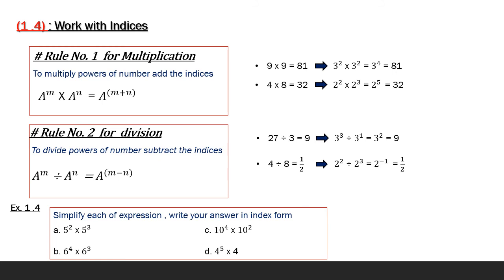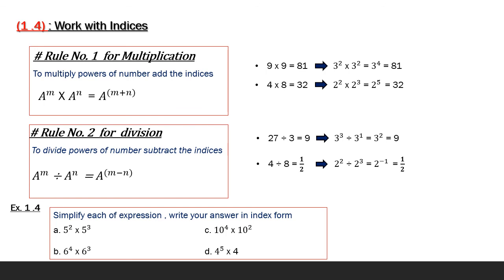So rule number 2, for division. To divide powers of a number, subtract the indices. That means a to the power m divided by a to the power n gives the result a to the power m minus n. So 27 divided by 3 is equal to 9.